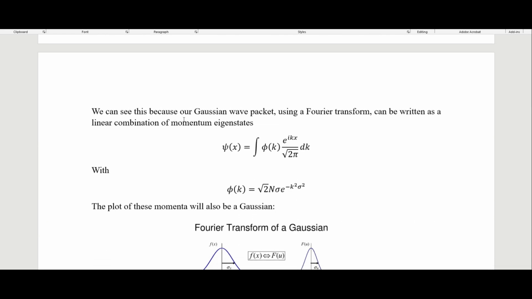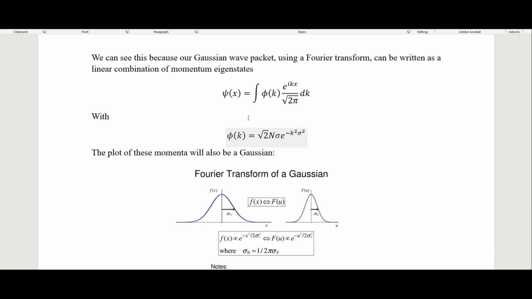We can see this because our Gaussian wave packet, if we use a Fourier transform to put it into the momenta, can be written as a linear combination of the momentum eigenstates, where this is our momentum, and we see that this is another Gaussian.